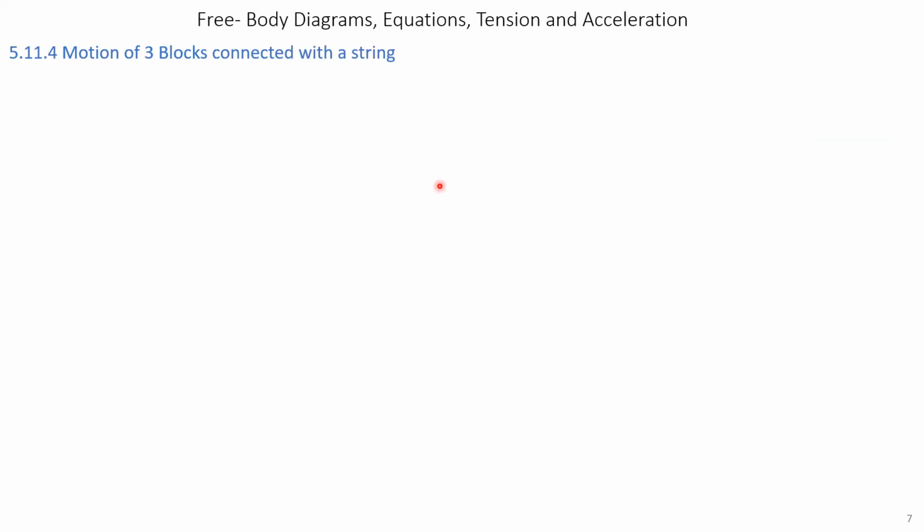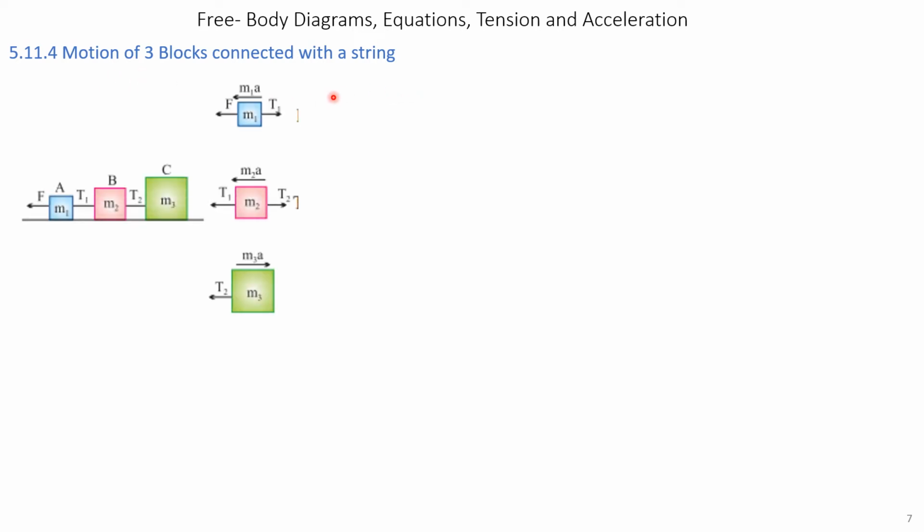Next is the free body diagram of motion of three blocks connected with a string. This is also the same as that, but we have to write three different free body diagrams: A here, B in this second one, and the third one is for C, and their equations are given here.